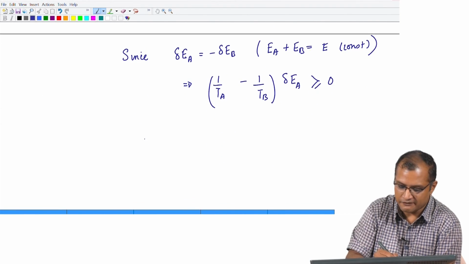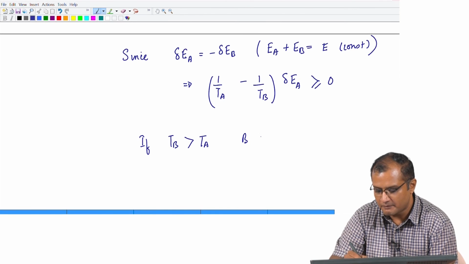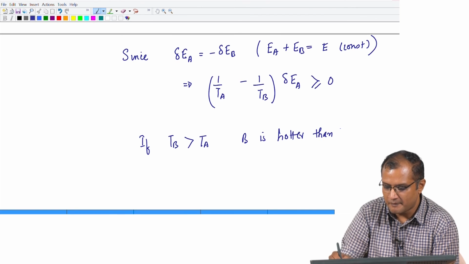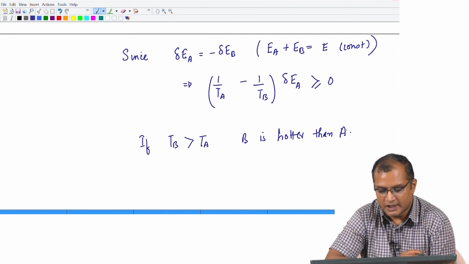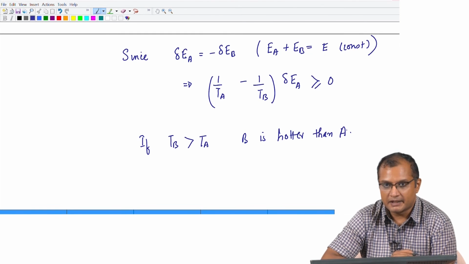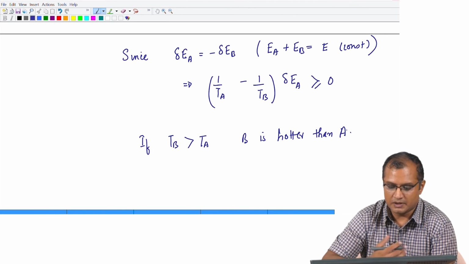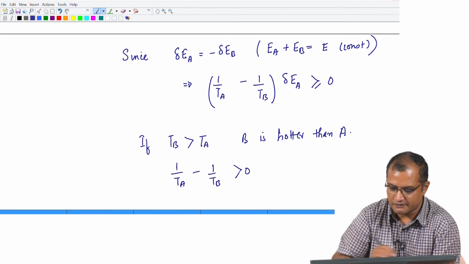The left hand side is a positive quantity, and that means if you take T B to be greater than T A, so B is hotter than A, then the quantity in the bracket, 1 upon T A minus 1 upon T B, will definitely be positive.